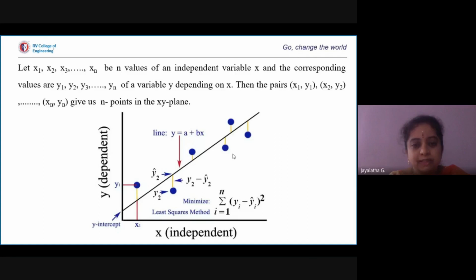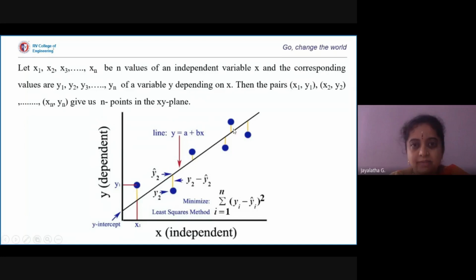Now the method says that the vertical deviations are minimum. Can you just see? So this is the square of the vertical deviations. Blue points are your actual data points, and this is the fitted curve. I have taken an example of a straight line y equal to ax plus b.